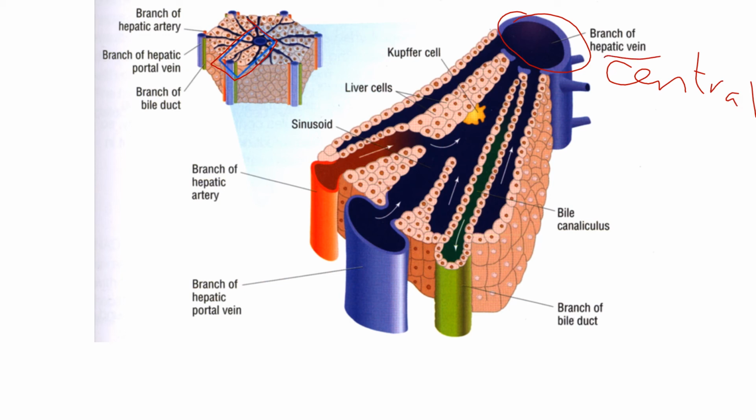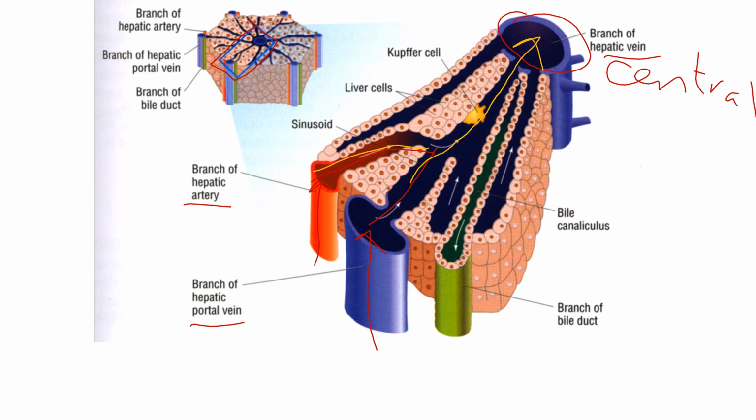So eventually they'll come together to form the hepatic vein. You've got your hepatic portal vein and you've got your hepatic artery. Now the blood comes up through these vessels, and then it mixes as it flows past these hepatocytes, and then eventually will drain into the hepatic vein.